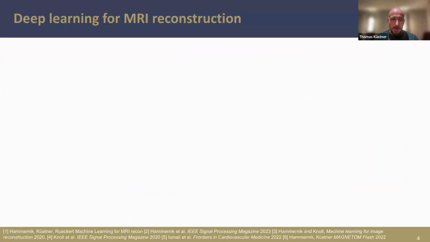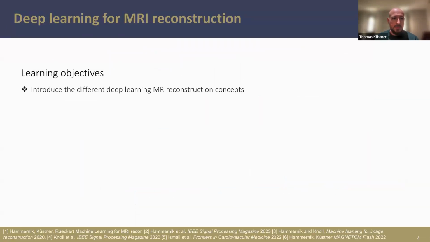The learning objectives here are to introduce you to the different flavors of MR reconstruction concepts very briefly, and to show you some of the key architectures and building blocks that one can use to solve this problem.